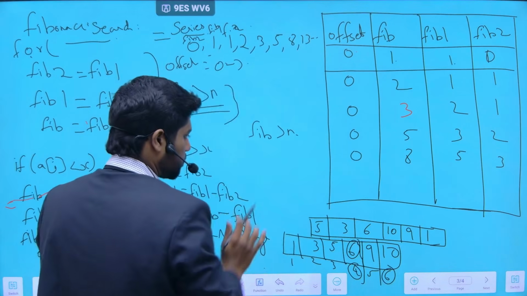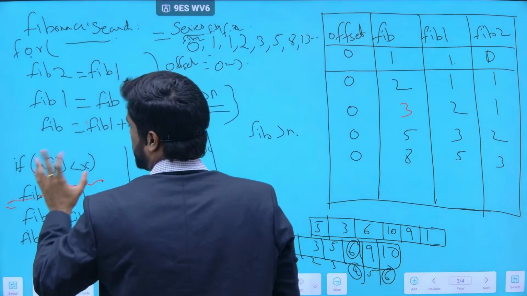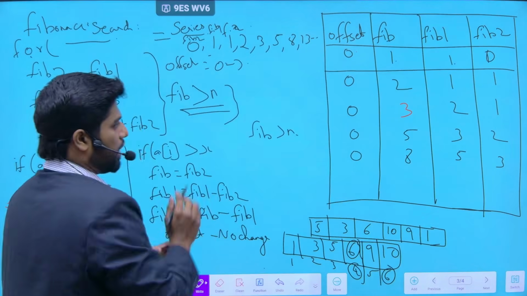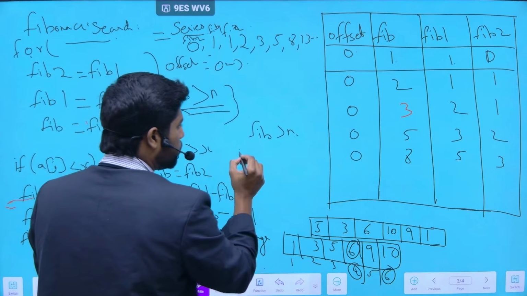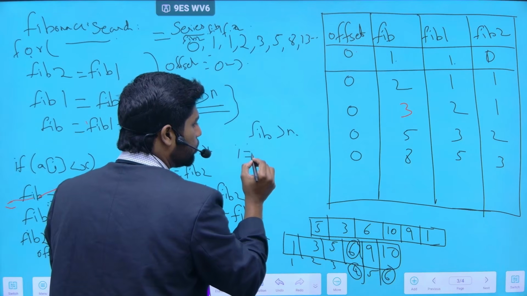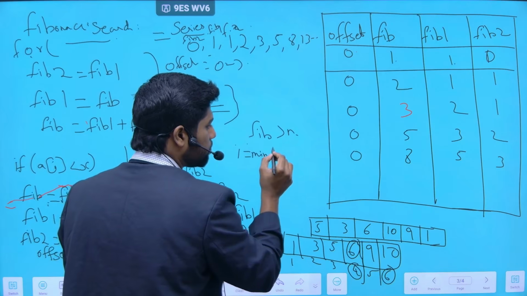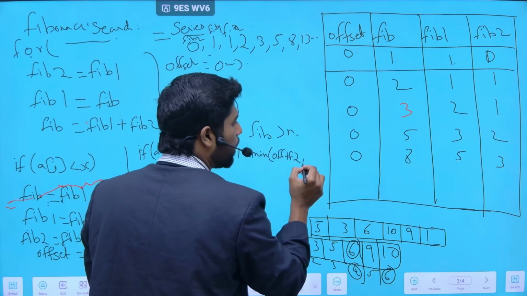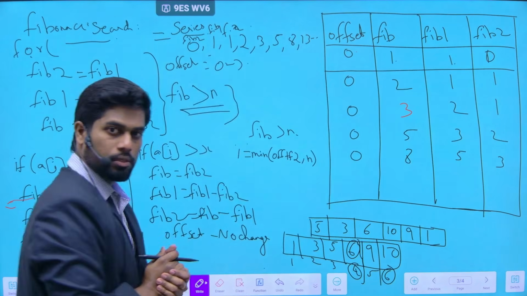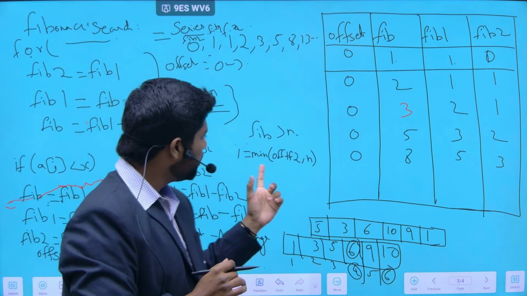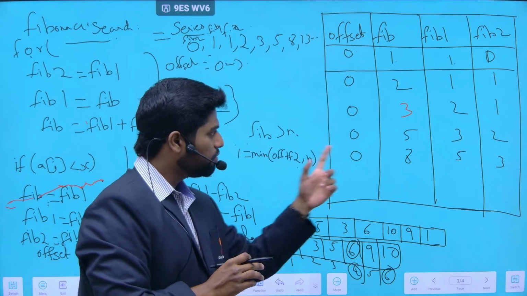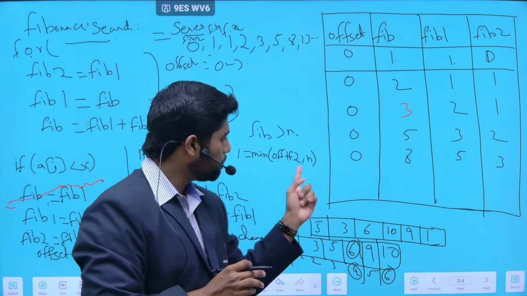Now come here. We are going to take one more thing: i equal to minimum of offset plus fib 2, comma n.